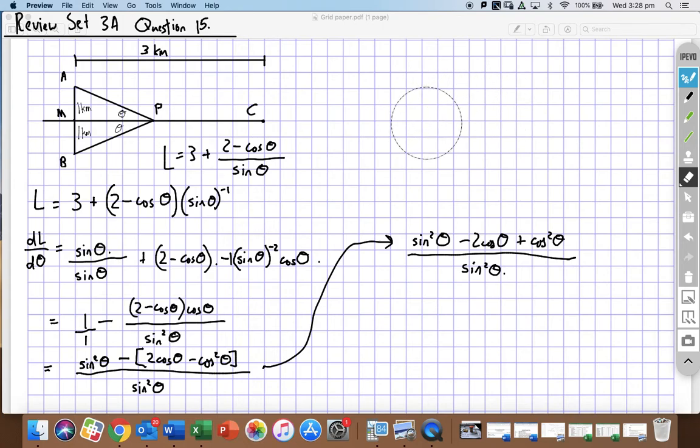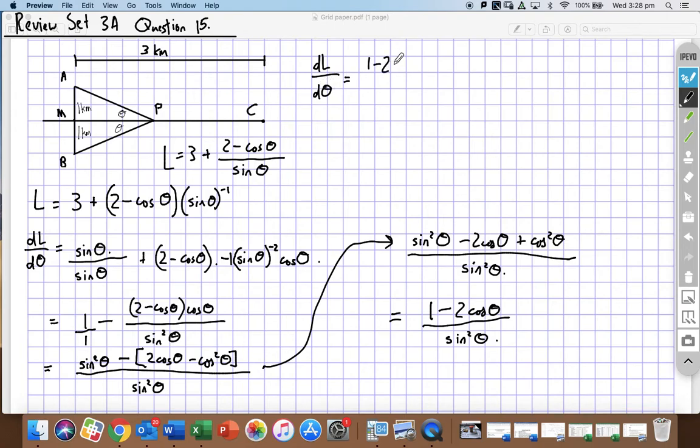So what I've got down here is a sine squared plus a cos squared equaling 1. So I've got 1 minus 2 cos theta all divided by sine squared theta. Right, and I'm going to now double check. I'll just maybe write the derivative up here because I'll need to erase some of this in a minute.